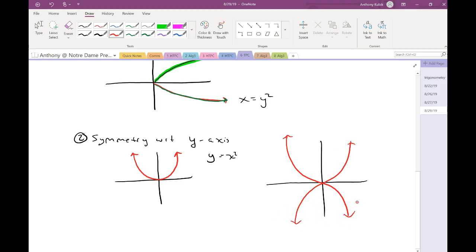That's certainly symmetric about the y-axis, right? But it also fails a vertical line test. So symmetric about the y doesn't guarantee that you're a function, but it could be. Symmetric about the x guarantees that you will not be a function, though. Everybody okay with that idea? Okay.